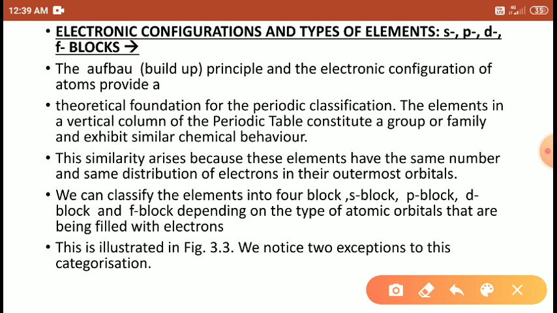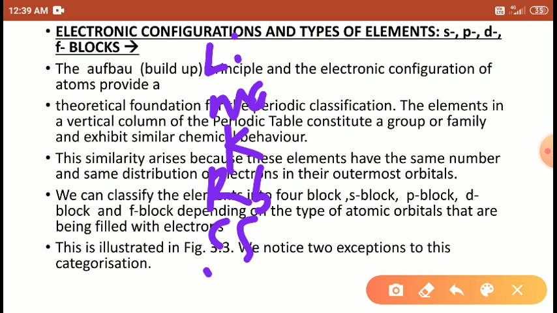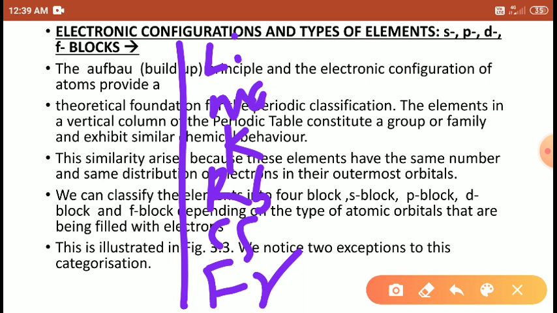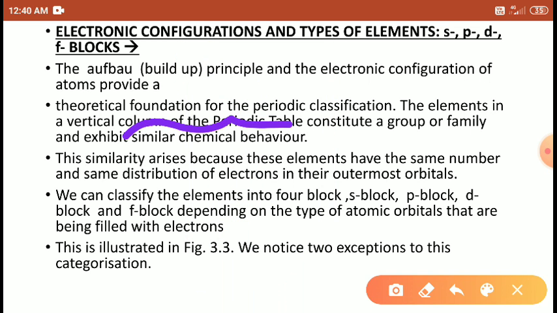In the periodic table, the elements belonging to one vertical column are lithium, sodium, potassium, rubidium, cesium, francium. All the elements belonging to this column, group, or family exhibit similar chemical behavior.